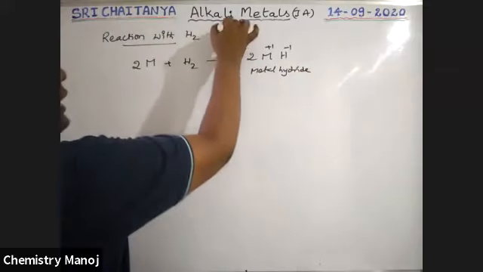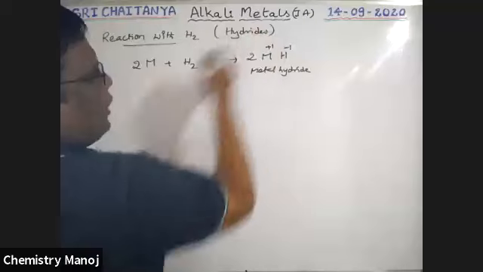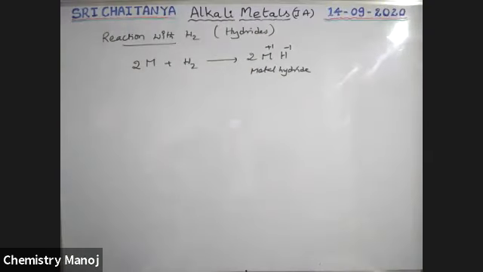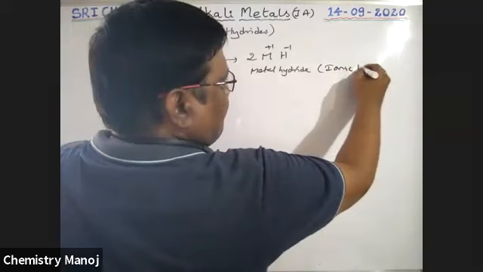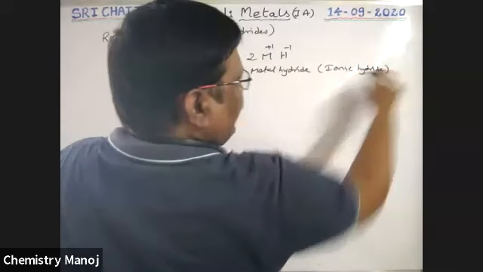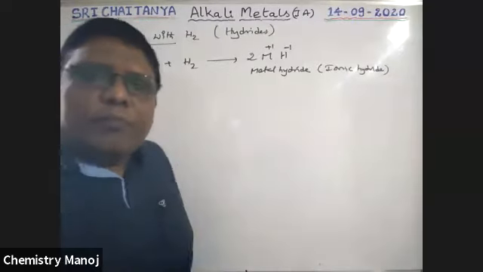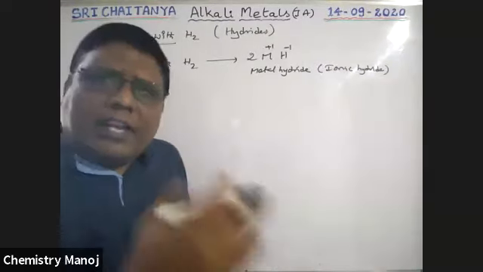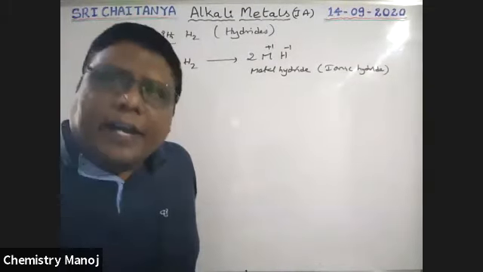So boys, here I am discussing hydrides also, collectively explaining the concept. This is an ionic hydride, also called a saline or salt-like hydride. Because S block elements can react with hydrogen to give hydrides, those are called ionic hydrides.